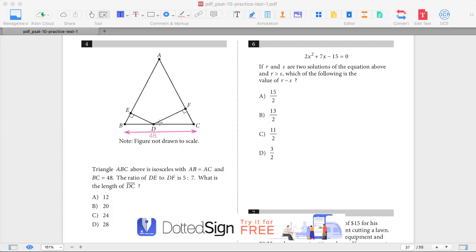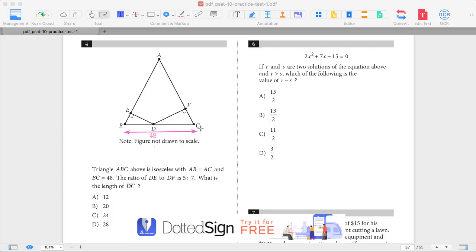And since it is given that DE to DF is equal to 5 over 7, it follows that BD to DC is equal also to 5 over 7, because the two triangles are similar, so the sides are proportional.